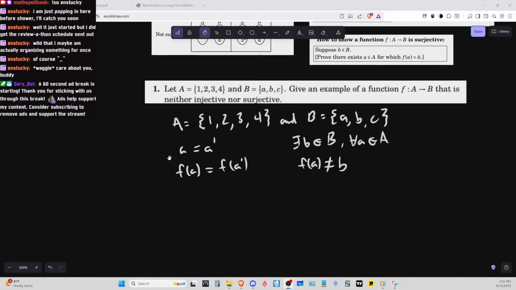Because we know for it to be not injective, actually I should write that: not injective and not surjective. We need to fulfill these requirements here.